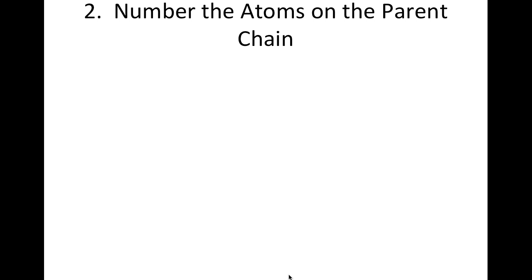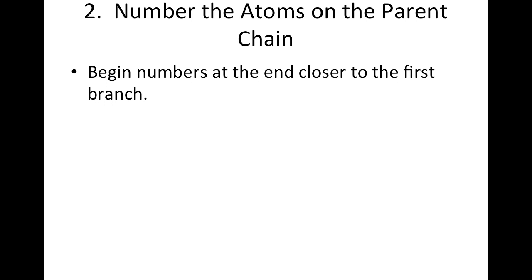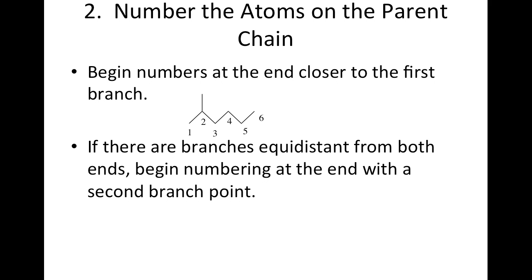Second step is to number the atoms on the parent chain. Begin numbering at the end closer to the first branch. So for example, in this molecule, you see there's a methyl group coming off closer to the left side, so we're going to begin numbering closer to the left side. If there are branches equidistant from both ends, you're going to begin numbering at the end with a second branch point closest to it.